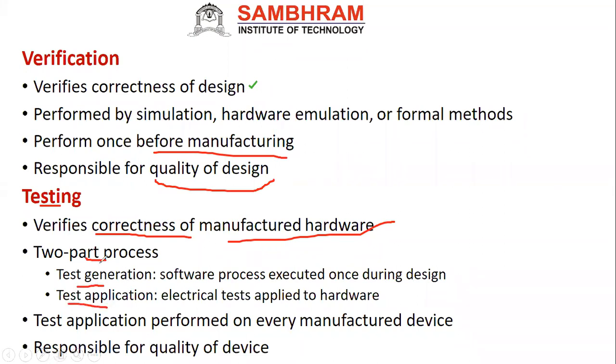Test generation is a software process executed once during the design. The testing engineer, after the manufacture, will also test the design with the help of software, for example EDA software. Using the EDA software, they check the design once.